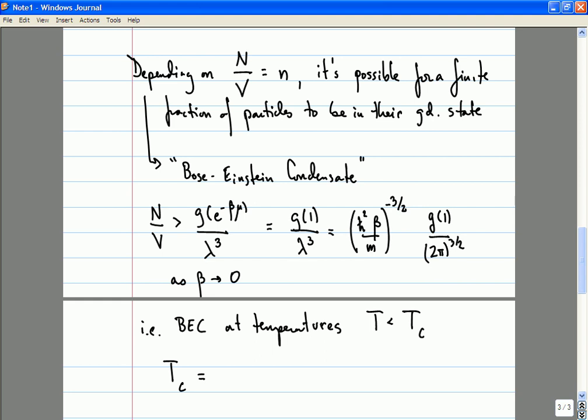So what is that? Just staring at this equation, that is h bar squared divided by m times the density, little n, to the 2/3 power, times some numerical constant, which you find by doing that integral in Mathematica, which is 3.31.